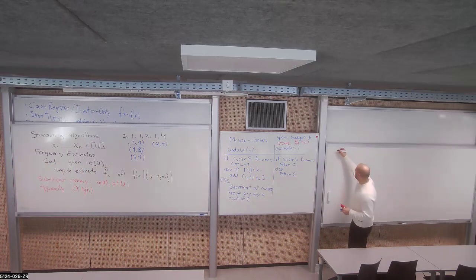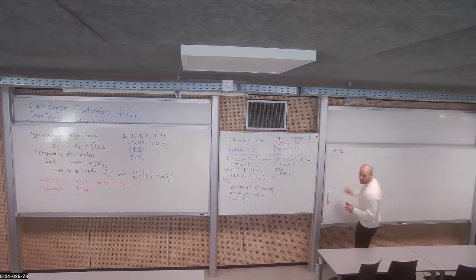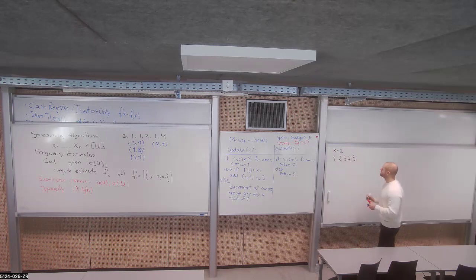So let's say we give it a space budget of, say, 2. And then let's say we have a stream where we see an item 1, and maybe we see a 2, and maybe we see 3, 2, 3. I guess this is enough for it to become interesting. Okay, let's say this is our data stream. What would happen?